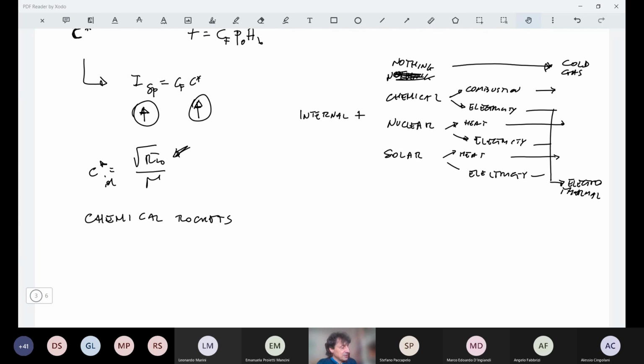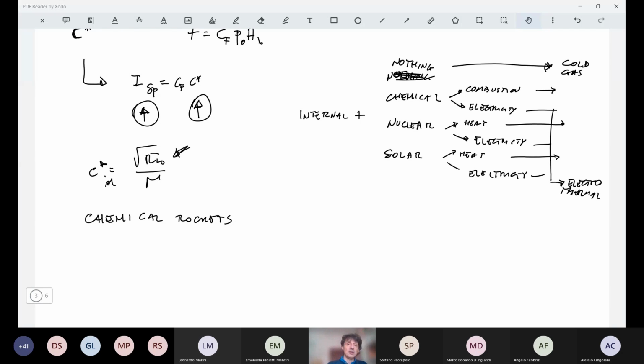So this is just an introduction of this most important part of rockets or rocket engines or motors, which are the ones based on chemical reactions. So we talk about chemical rockets, and this will be the topic of the next classes.